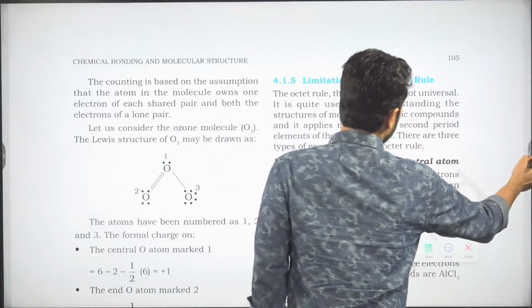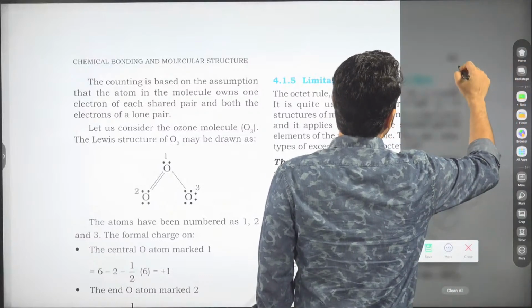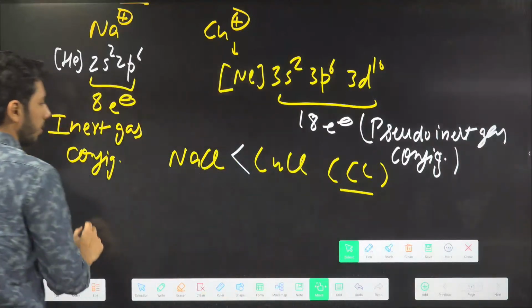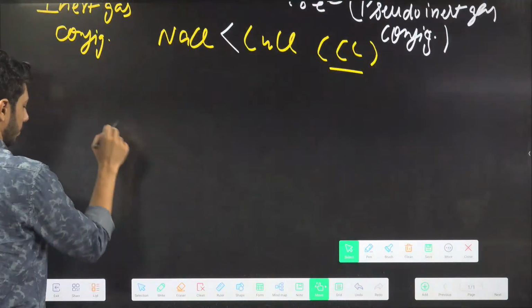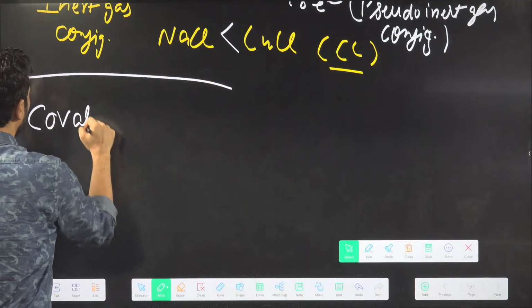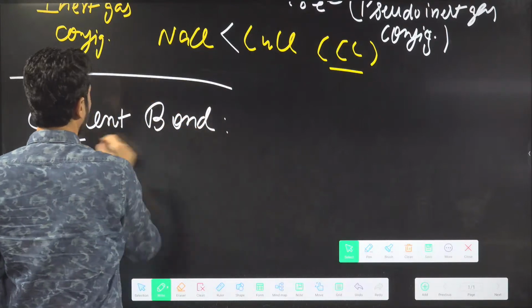So in the notes, what can you do? You can mention in the notes as it is right now. These terms you will go through after the class. Which term? Covalent bond. Okay?